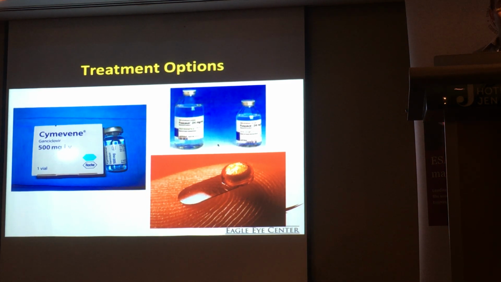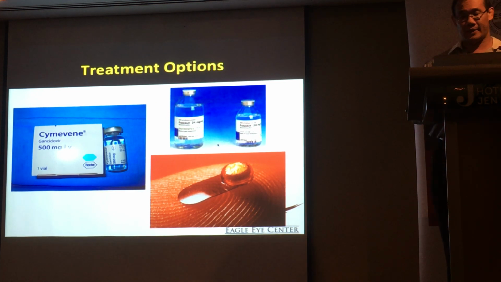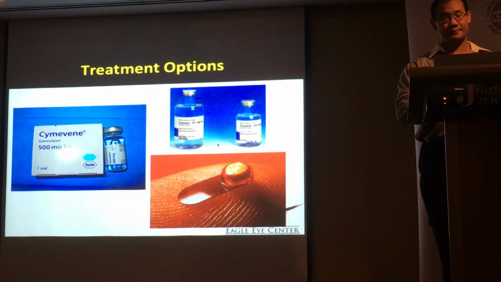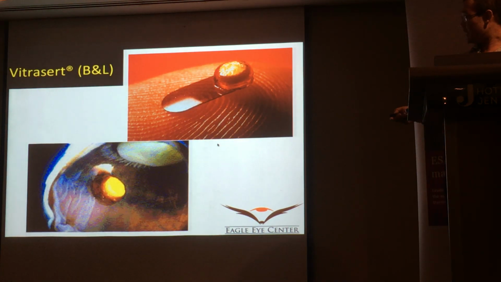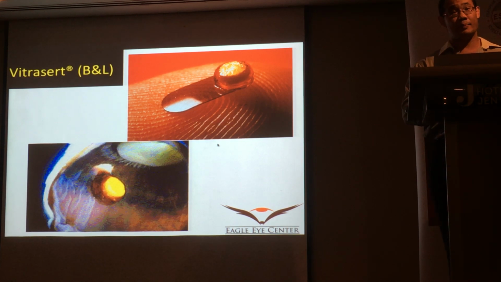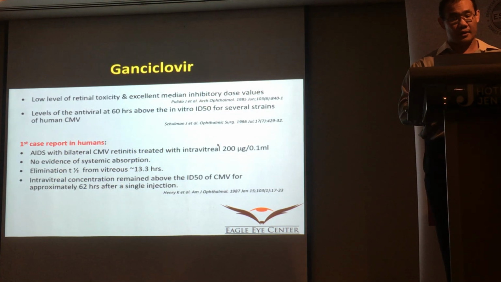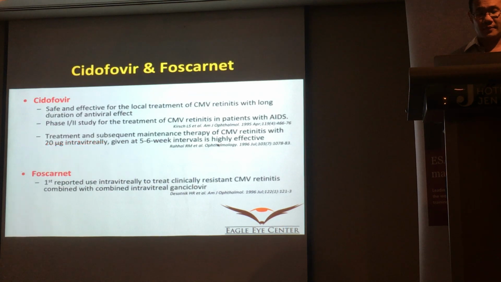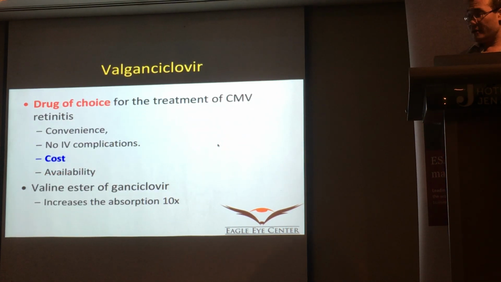Foscarnet is a big bottle, and that's what the Vitrasert implant used to look like, implanted through the pars plana with a strap stitched to the outside of the eye. This little reservoir slowly releases the ganciclovir into the eye over a period of time.